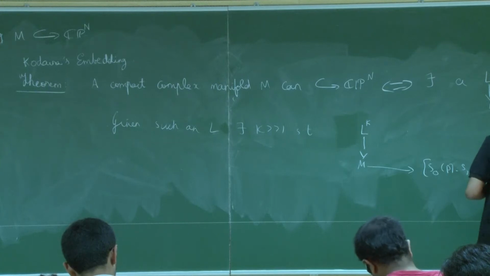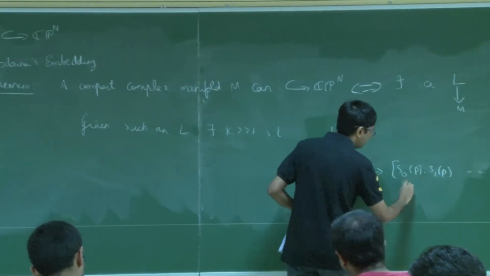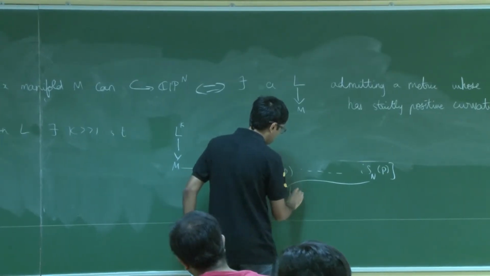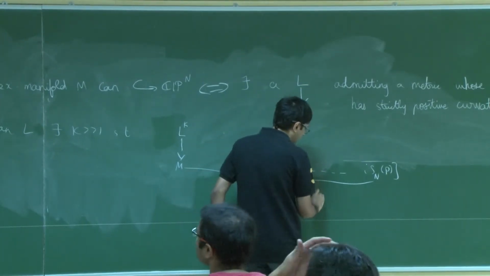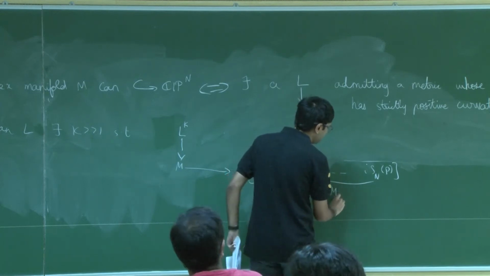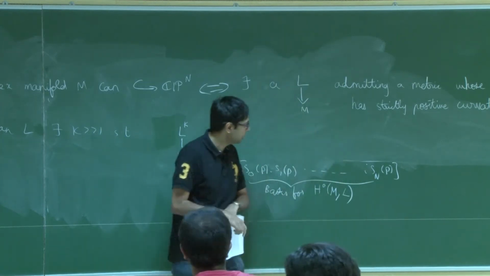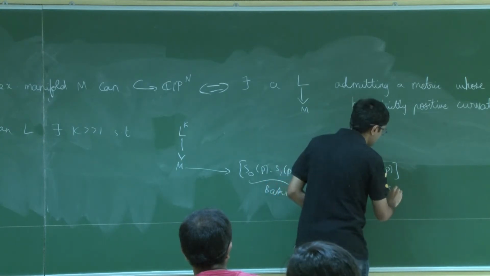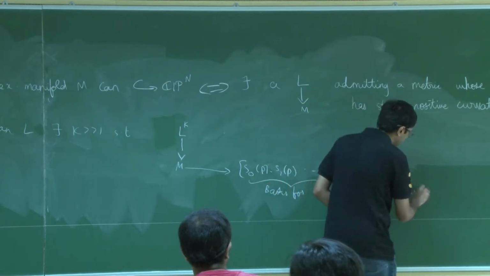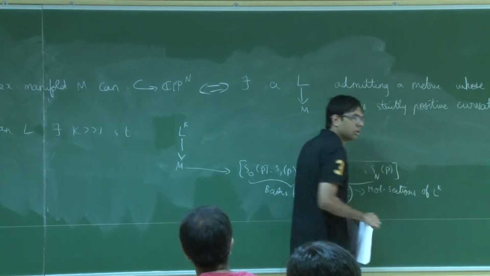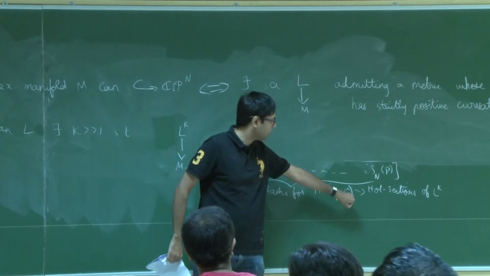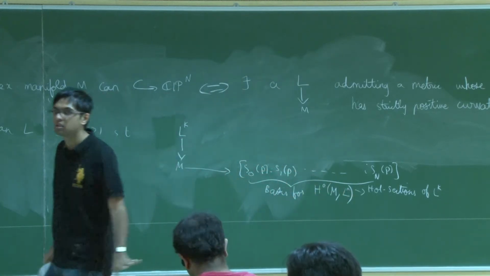S_n of P is the embedding, where this is a basis for, I'll use a seemingly perverse piece of notation here, H^0(M, L^K), which means holomorphic sections of L raised to K. H^0 of M with a line bundle means holomorphic sections of that.